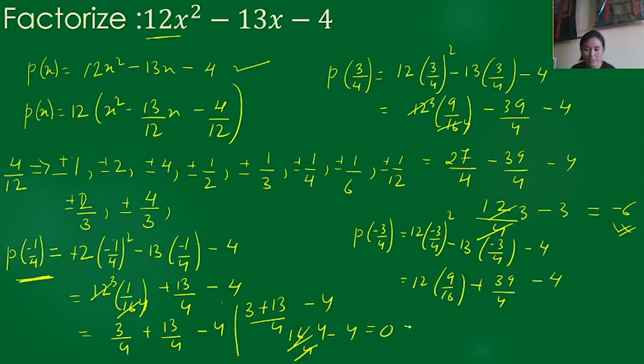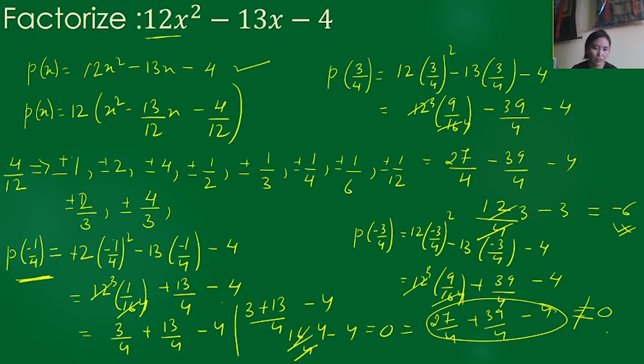Now this is equal to, again here you can cancel these two, you will get 3. 4 3s are 12, 4 4s are 16, so you will get 3 9s are 27 by 4 plus 39 by 4 minus 4. Now this will not be equal to 0.